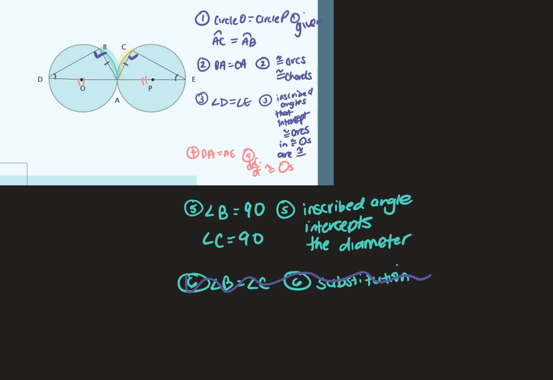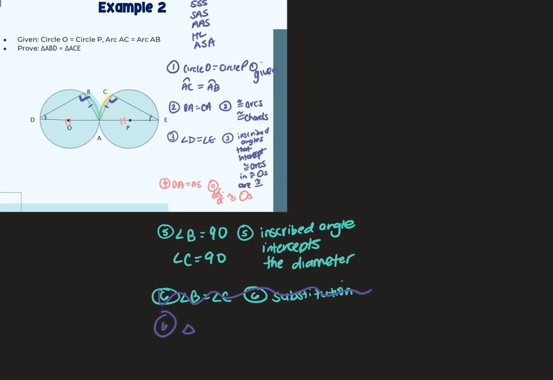Once I have the right angle and the sides are congruent, what sides do you have that are congruent? You've got the hypotenuse and you've got a leg, which means ABD is congruent to ACE, hypotenuse leg.